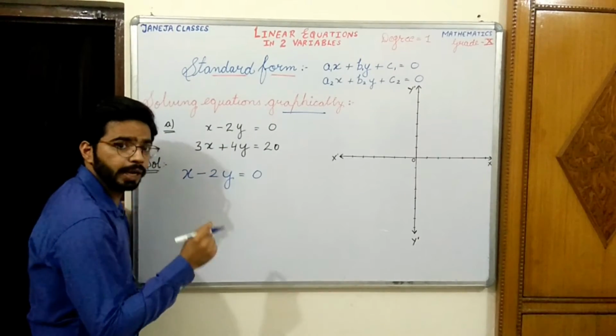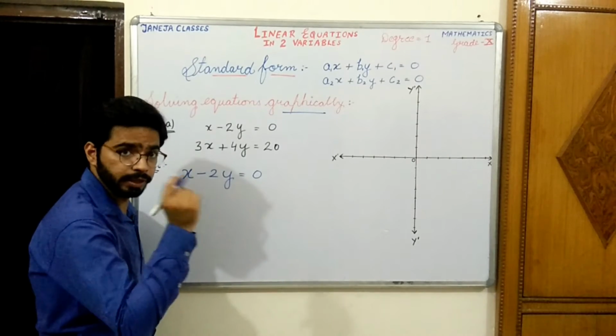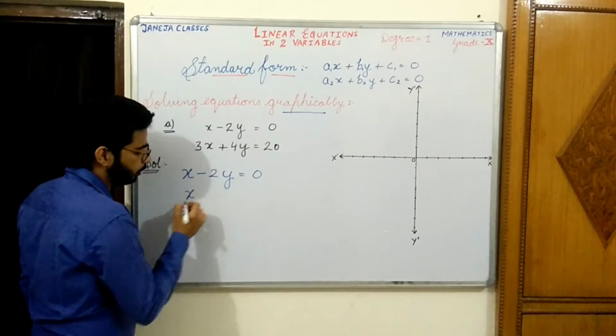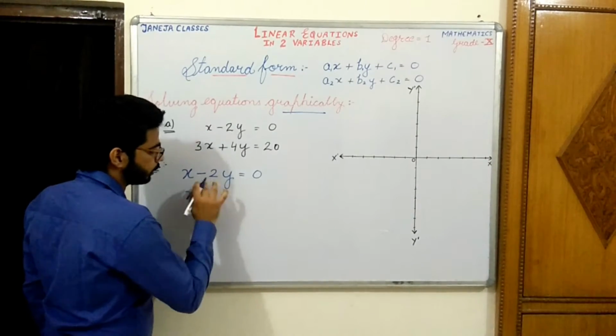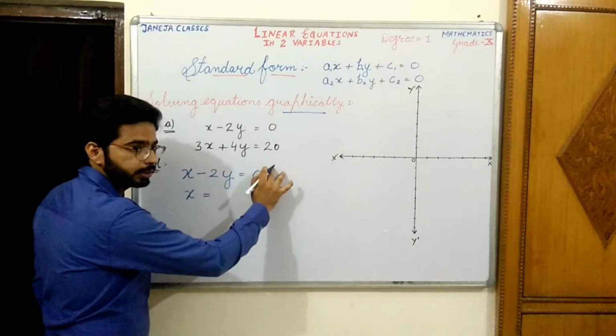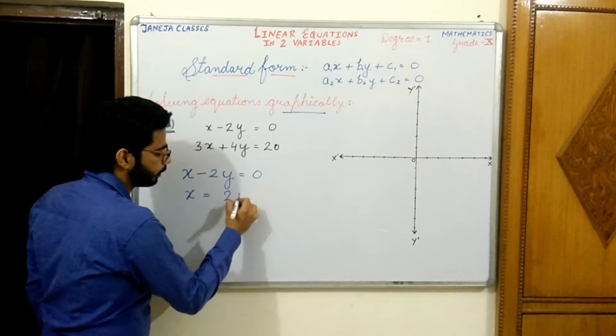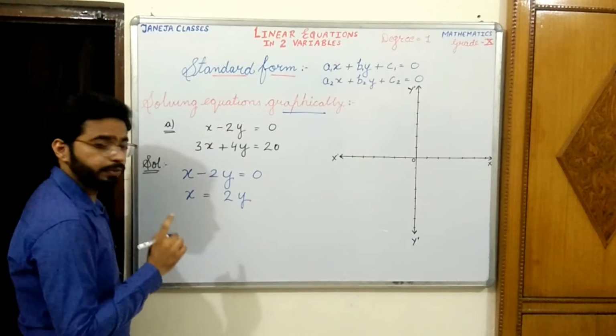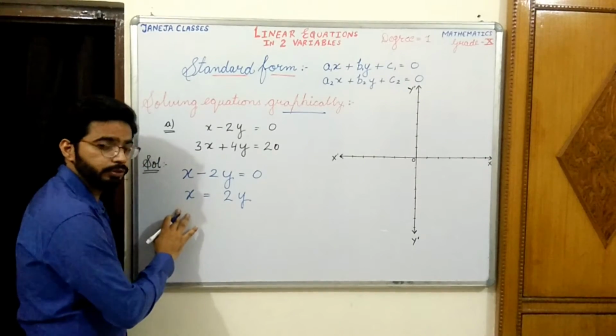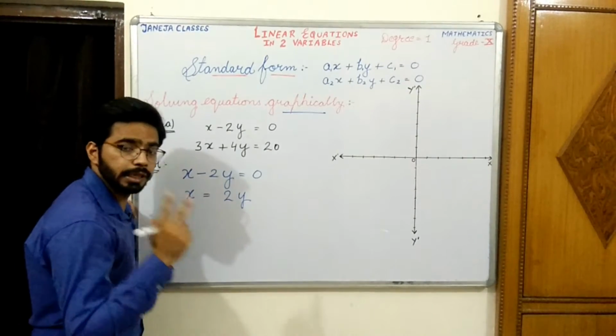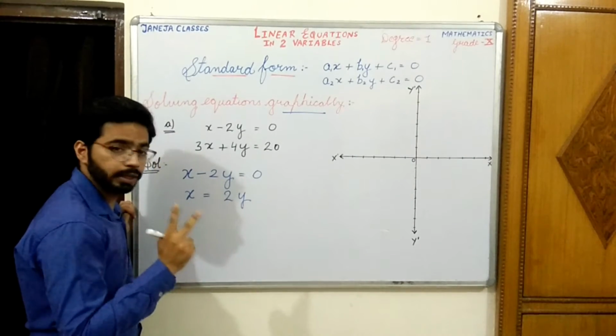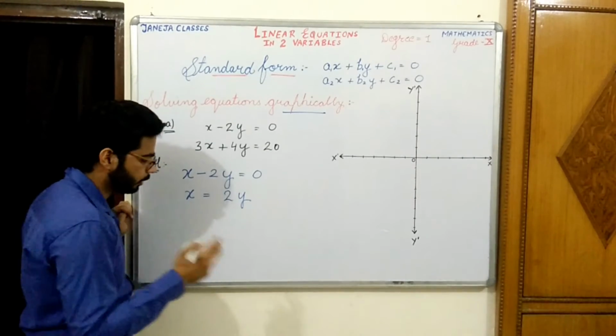Now we have to take out any value of one variable. So I am taking out the value of x. x is equals to minus minus 2y. When we shift to RHS, it will become positive 2y. Now we have to put the values of y to get the values of x. So we'll take only two values of y, so that we can get two values of x.